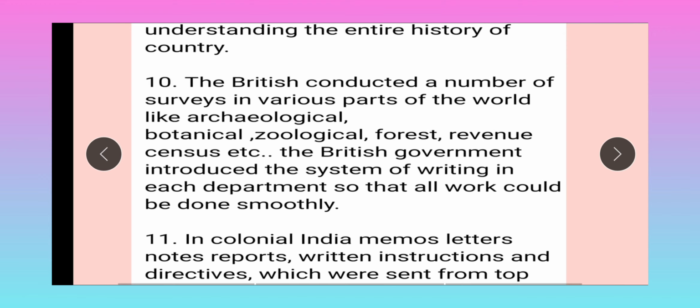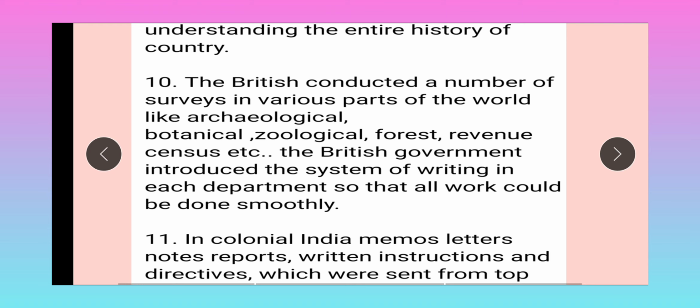Tenth point, the British conducted a number of surveys in various parts of the world, like archaeological, botanical, zoological, forest, revenue, census, etc. The British government introduced the system of writing in each department so that all work could be done smoothly.